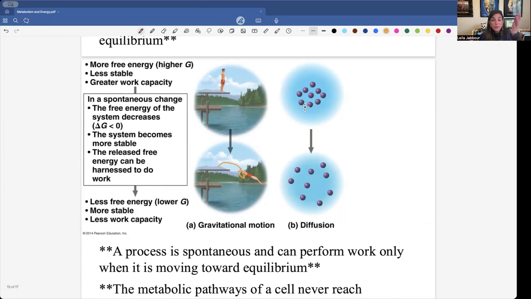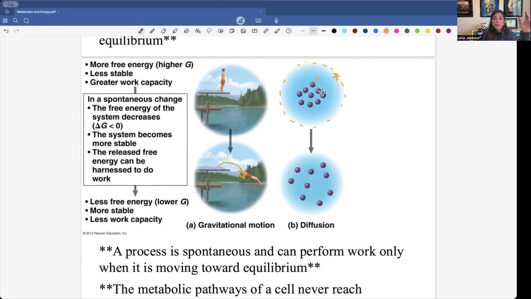Another example of movement towards equilibrium is the diffusion of molecules. These molecules are very concentrated where they are, and the environment around them is void of this molecule. If you look here, there are none of these purple molecules out there. It's just in the center here.